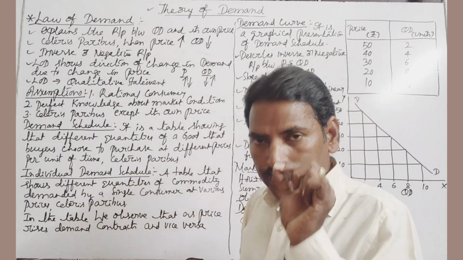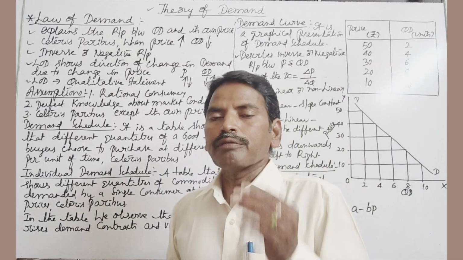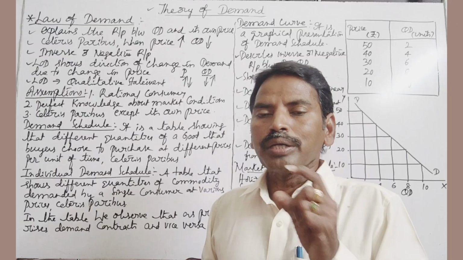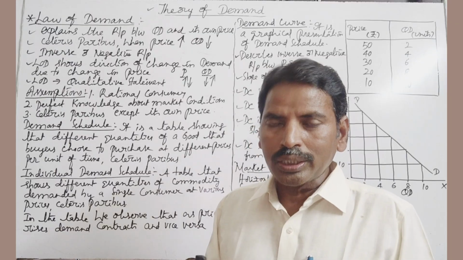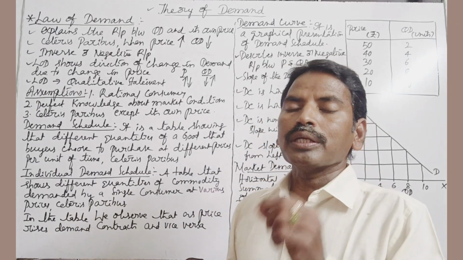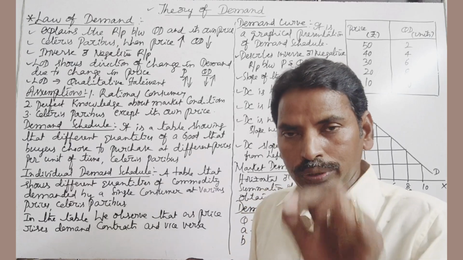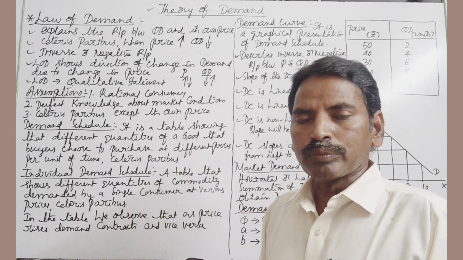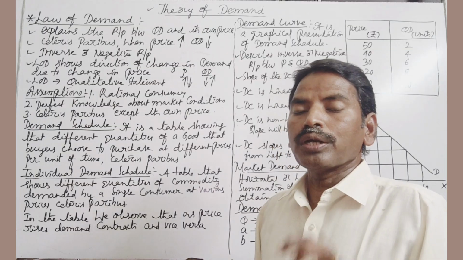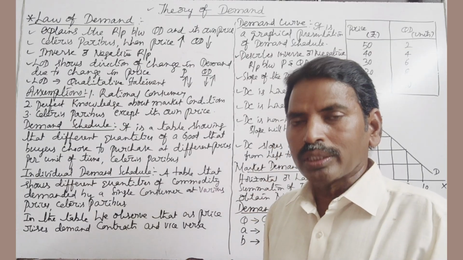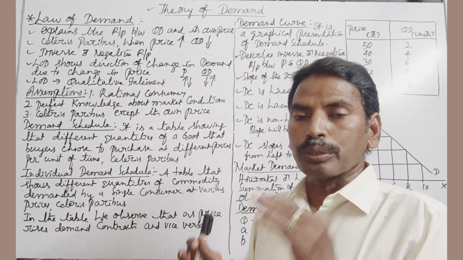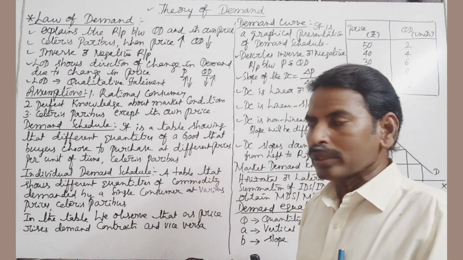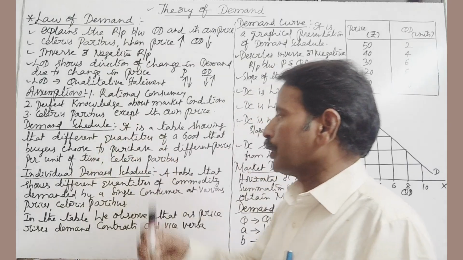Demand schedule is a table showing different quantities of a commodity or service that buyers are willing and able to purchase at different prices during a given period of time. This is known as demand schedule.